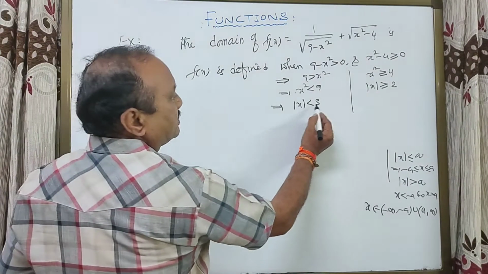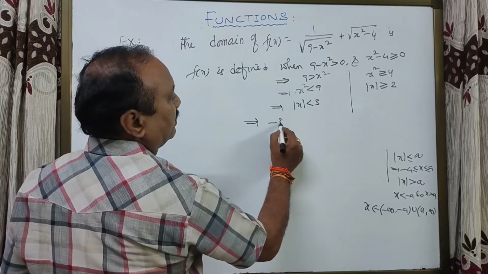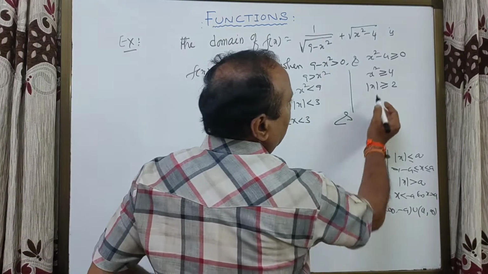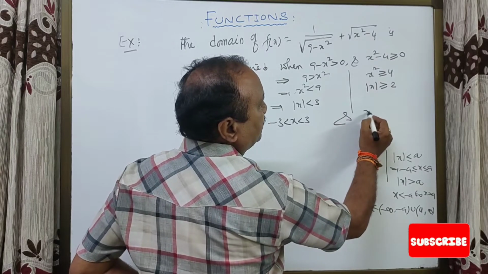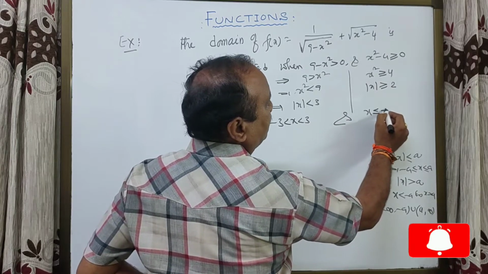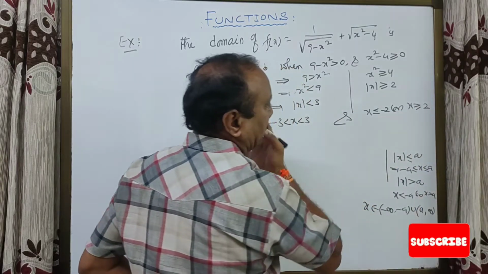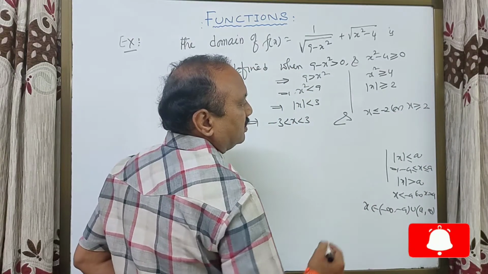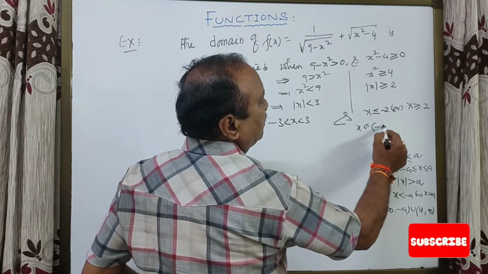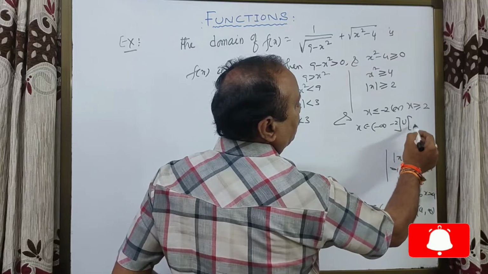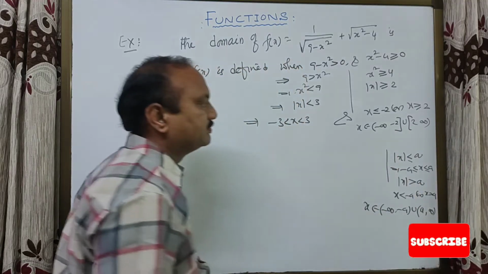See, mod x less than 3 means minus 3 less than x less than 3, and mod x greater than or equal to 2 means x less than or equal to minus 2 or x greater than or equal to 2. Here x belongs to minus infinity comma minus 2 closed union 2 closed comma infinity.